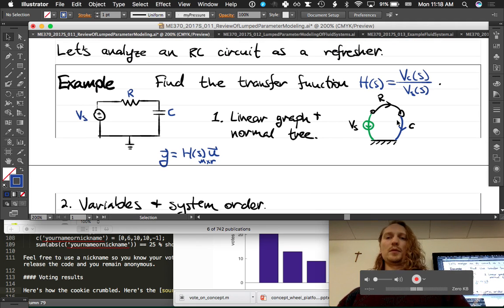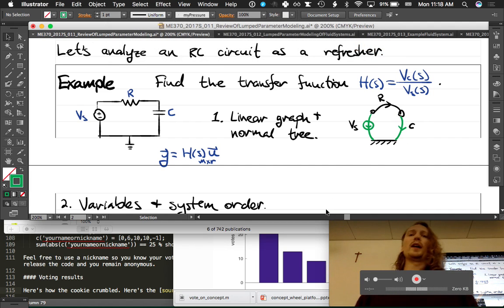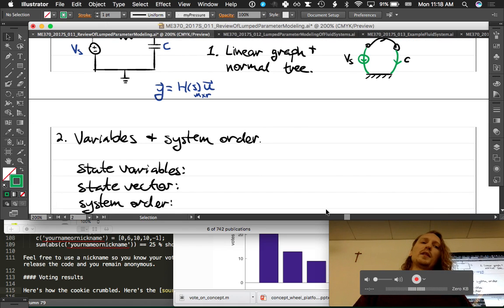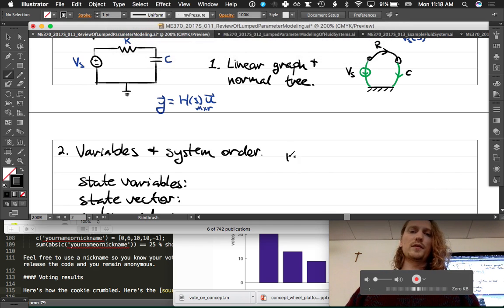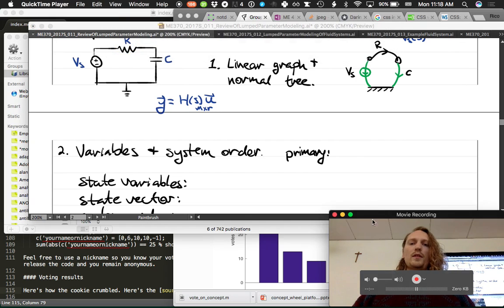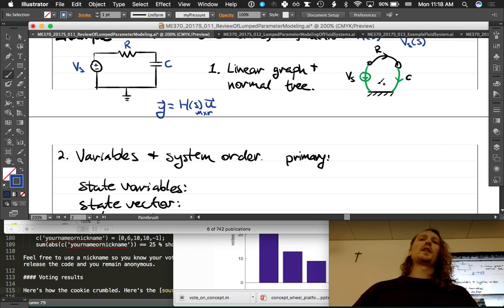So I turned this blue. This is our normal tree, which helps us to find the state variables, the primary and secondary variables. Let's write the primary variables just for fun. Do you remember what they are? They're across variables on the elements that are in the normal tree, and they are through variables on elements that are not in the normal tree.